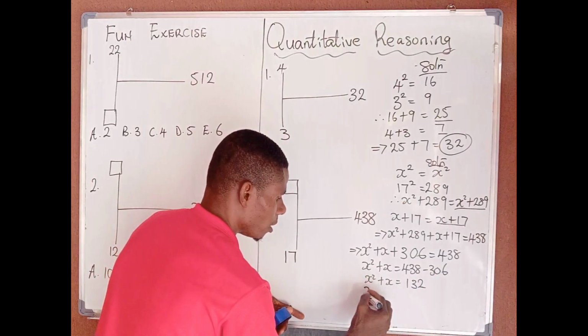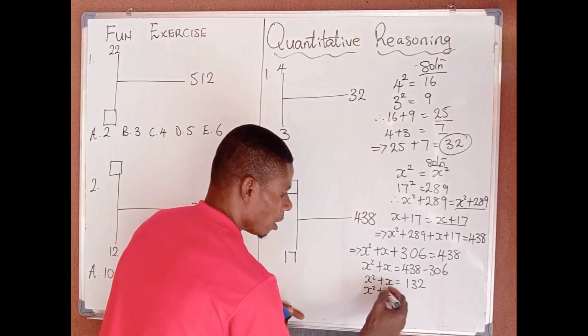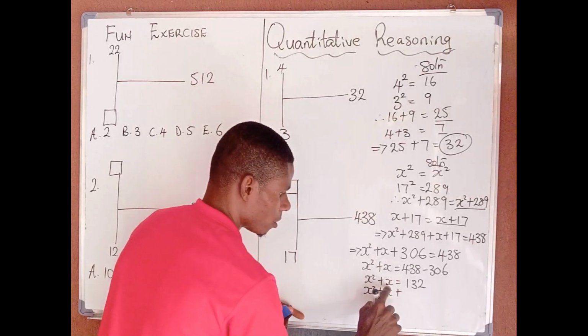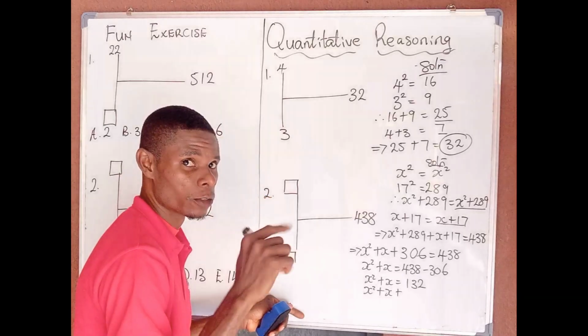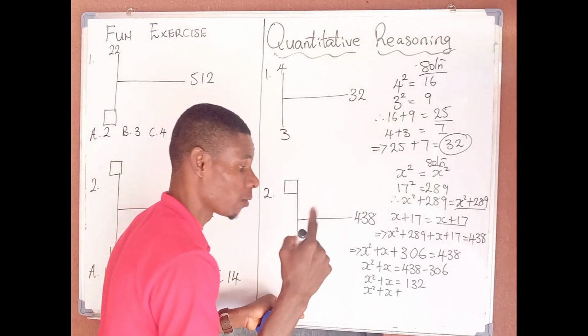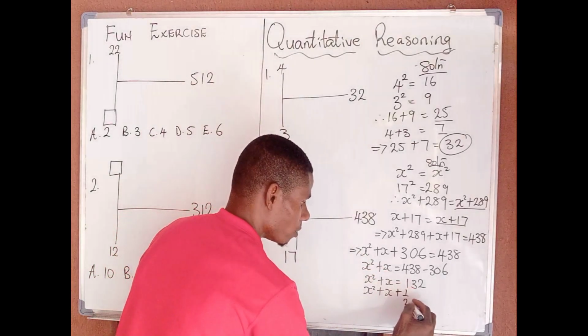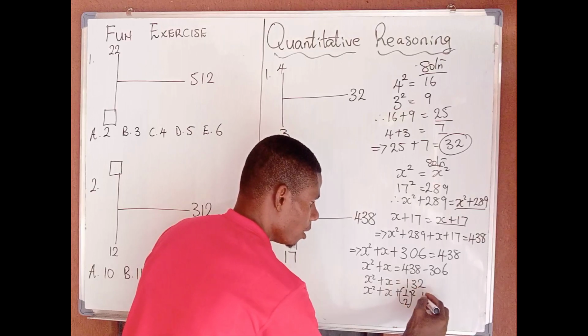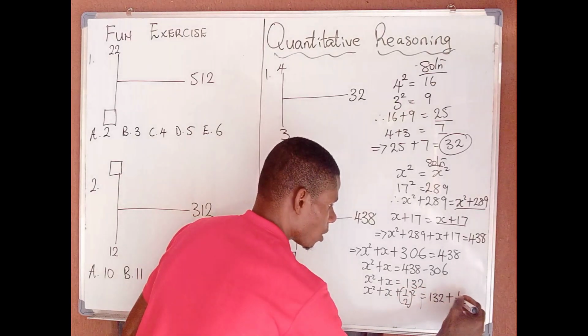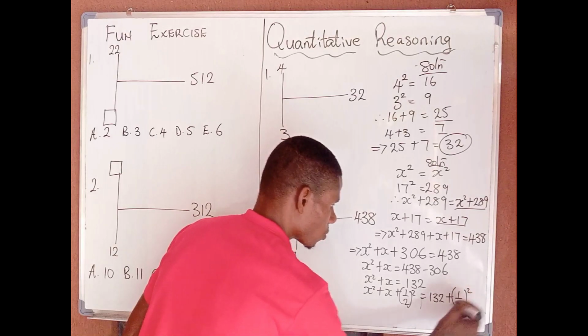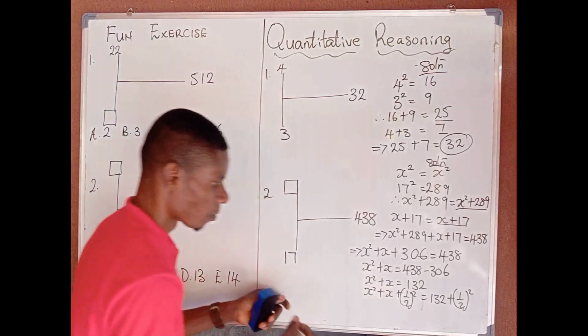So here should be x squared plus x plus, what is coefficient of x here? Coefficient of x here is 1. So if I divide 1 by 2, I will have 1 over 2. Then I'll have to square it. Okay, add it here. This is equals to 132 plus 1 over 2 all squared.